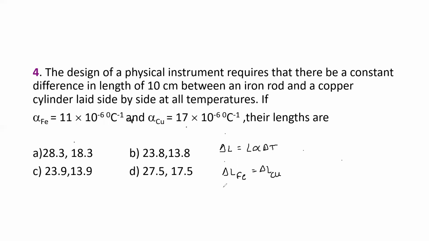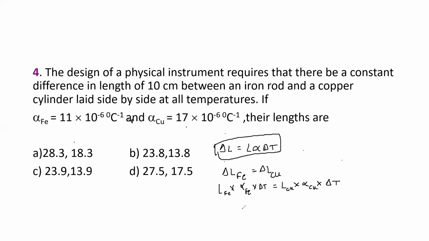So for iron, as we know this equation, delta L is equal to L alpha delta T. Here I can write L of iron into alpha of iron into delta T, which is equal to L of copper into alpha of copper into delta T.